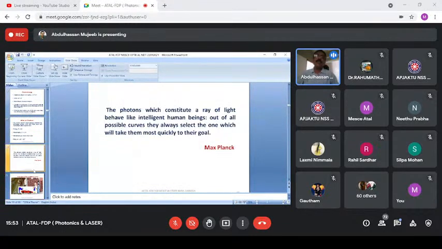According to Max Planck, the photons which constitute a ray of light behave like intelligent human beings. Out of all possible curves, they always select the one which will take them most quickly to their goal.